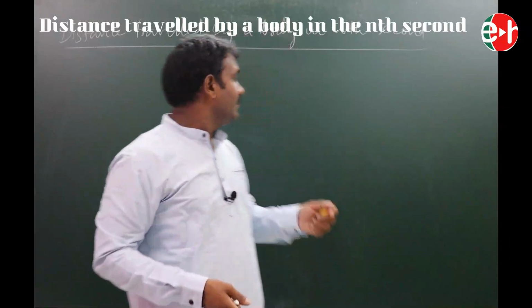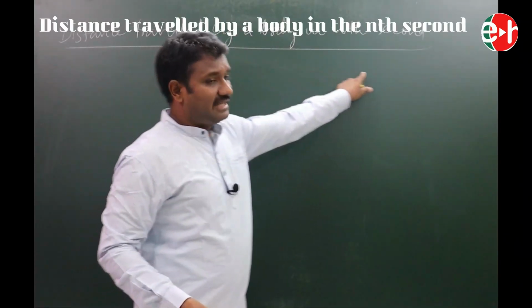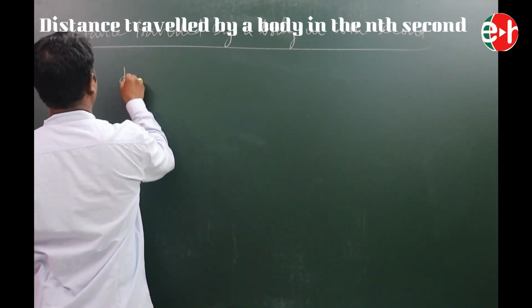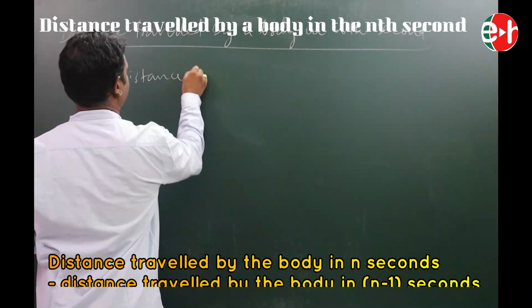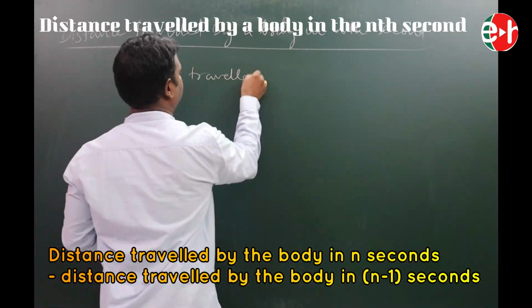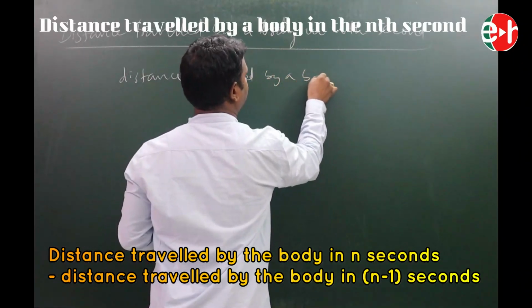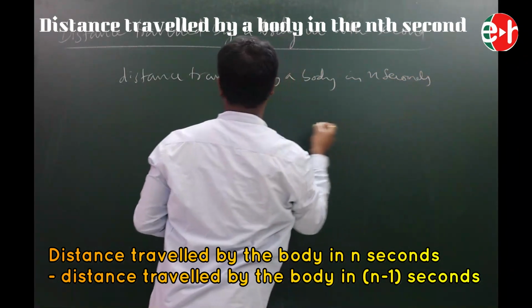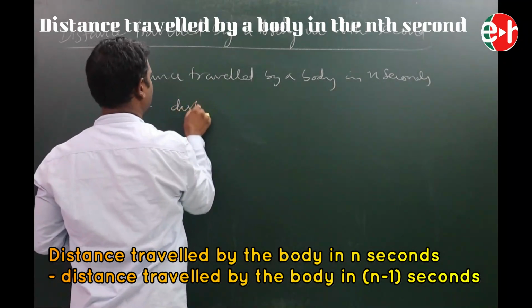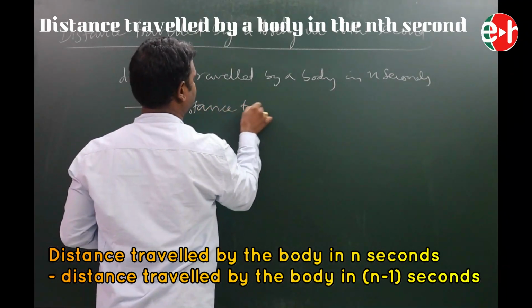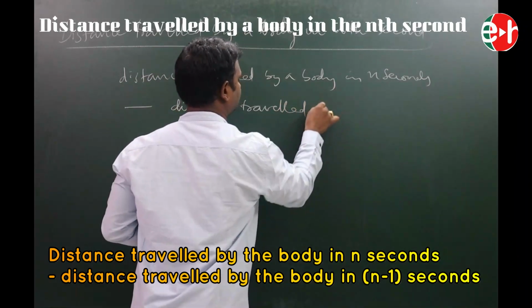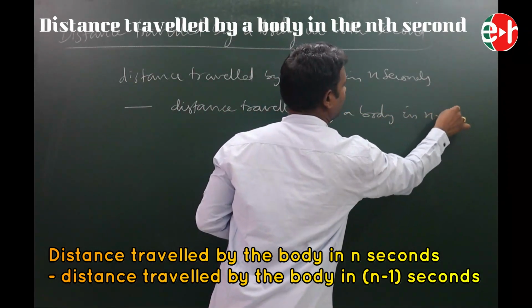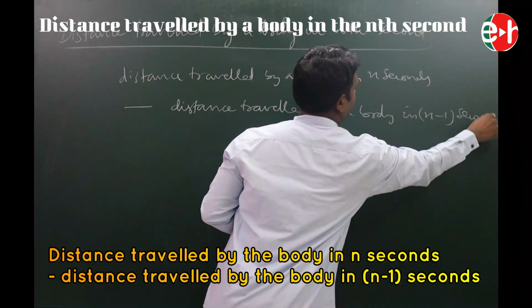The same concept. Distance traveled by a body in nth second means distance traveled by a body in n seconds minus distance traveled by a body in n minus 1 seconds.